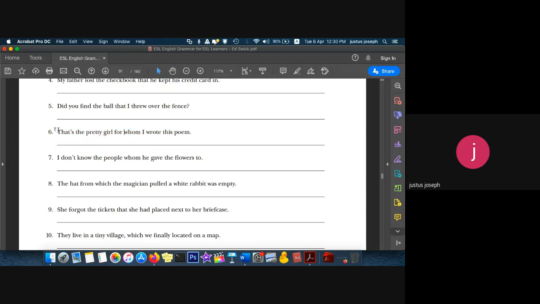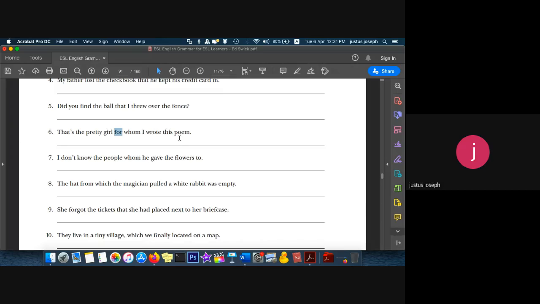It's simple. That's a pretty girl for, I wrote this poem. Can I use for here? Where will I take this for? I have to take this and place it here. That's a pretty girl I wrote the poem for.